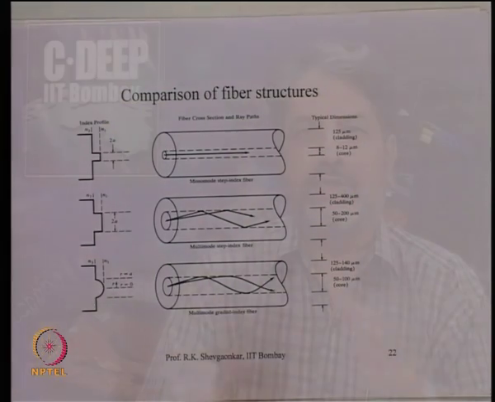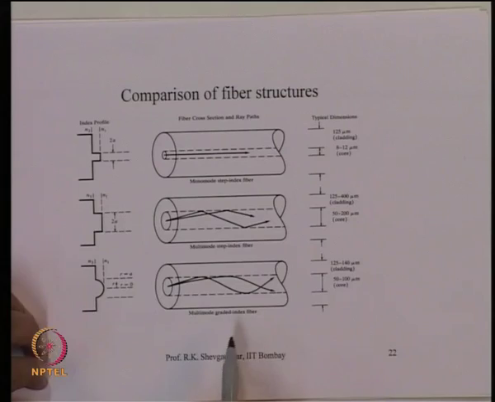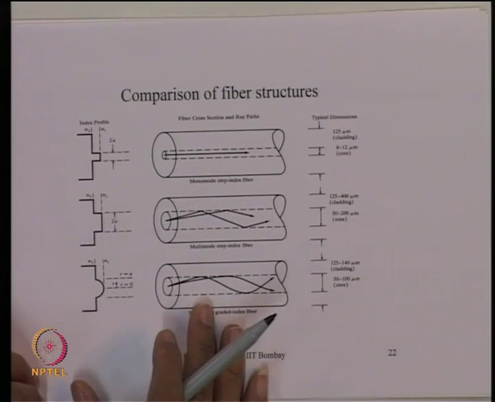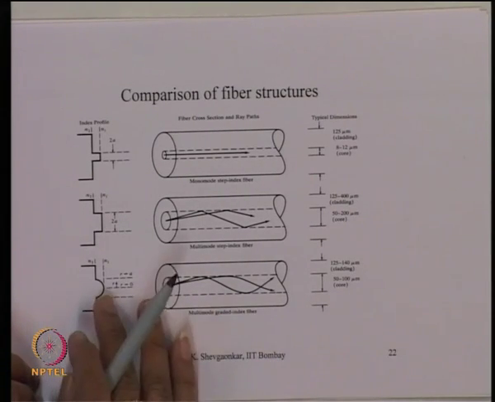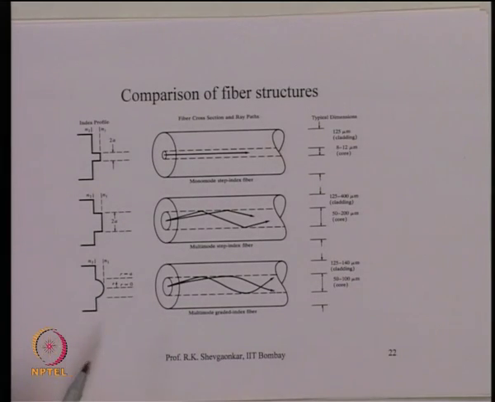But if you go to small networks like local area networks, you will use the graded index optical fiber with a refractive index profile very close to parabolic. And when we go to long distance high speed communication, most of the time the fiber will be the single mode optical fiber.